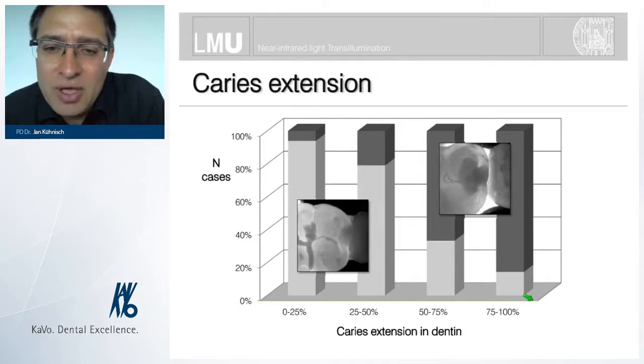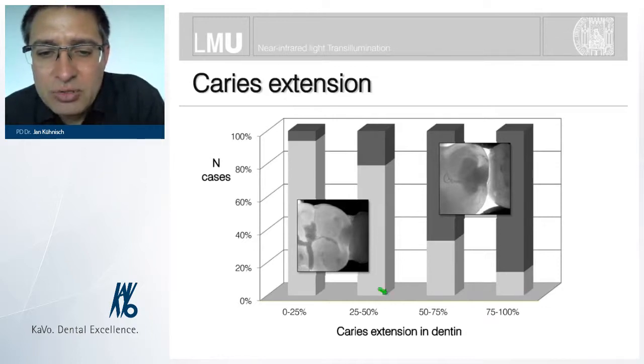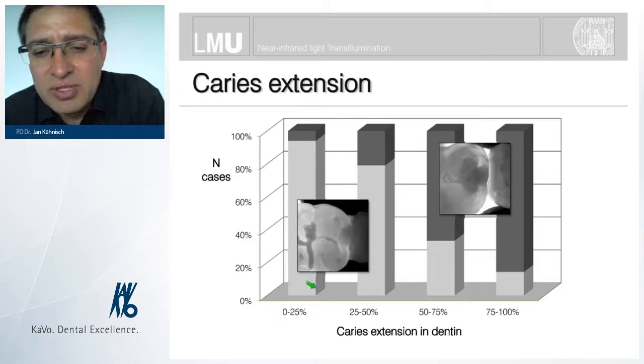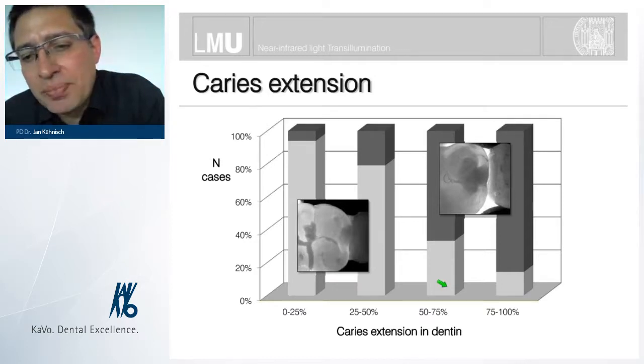And these two pillars can be understood as D3 caries lesions. These lesions are located in the outer quarter of the dentine. Here we reach the inner half of the dentine, and here we're going one step deeper into D4, and those lesions are nearby the pulp.